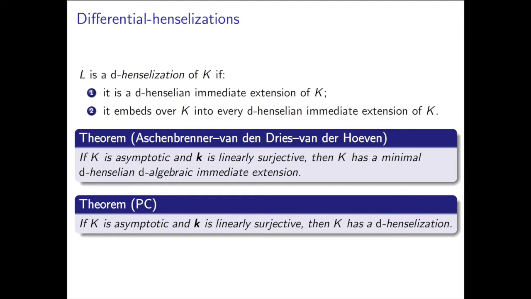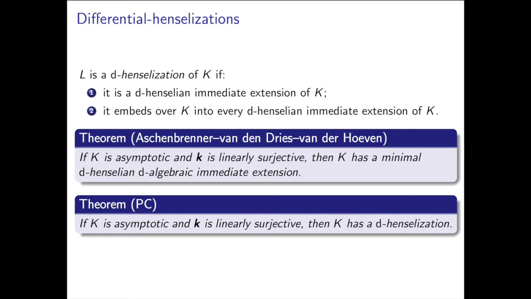Do you really need the word immediate in item 2? This is a good question. I don't need it in some sense. I give this definition in general. What I show here is that it embeds into every asymptotic d-Henselian extension of K, which, if you're working in the asymptotic world, is totally fine, and immediate extensions of asymptotic fields with small derivation are asymptotic.